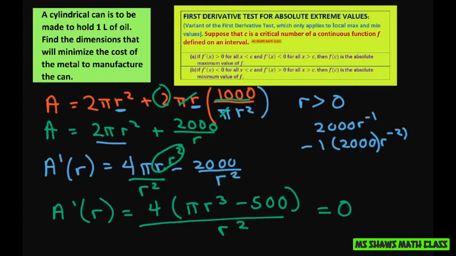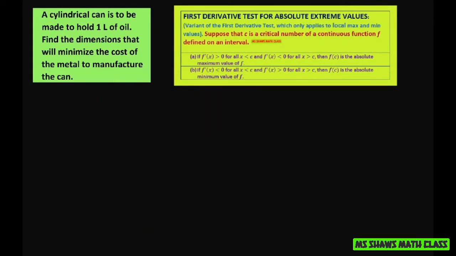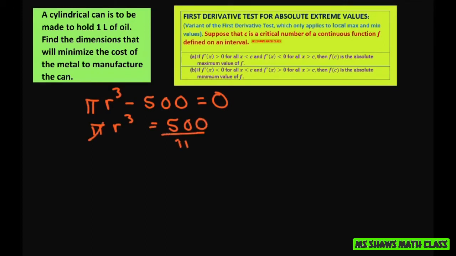So we're going to have pi r cubed minus 500 equals 0. And to solve for r, you add 500 to both sides, divide by pi, and then cube root both sides.